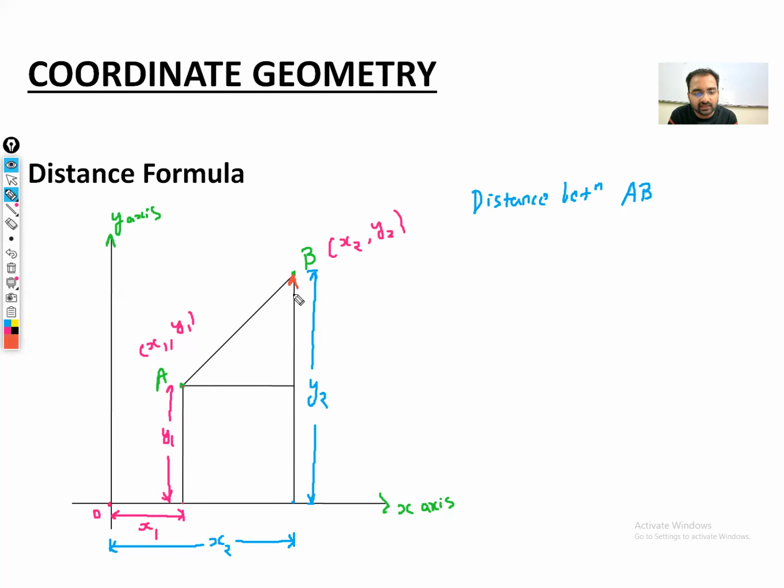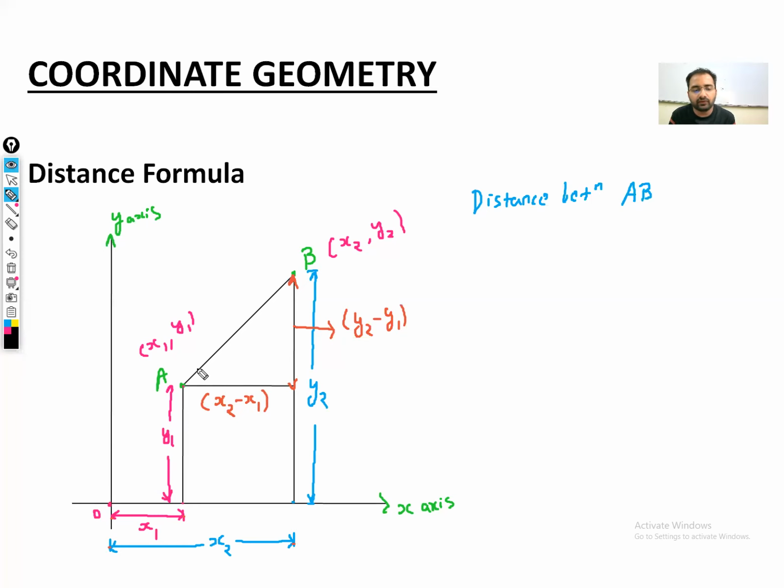It is nothing but y2 minus y1. Correct? If this distance is x2 and this distance is x1, what is the distance between these two points? That is nothing but x2 minus x1, right?